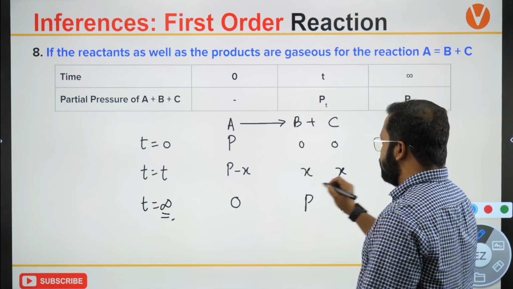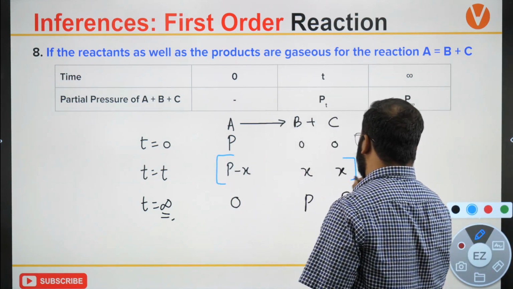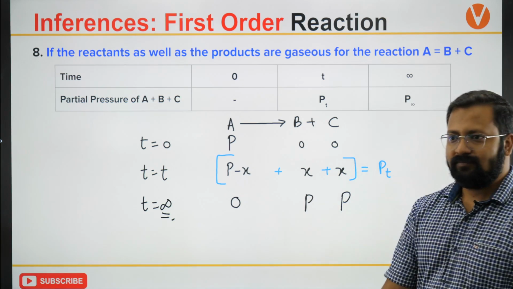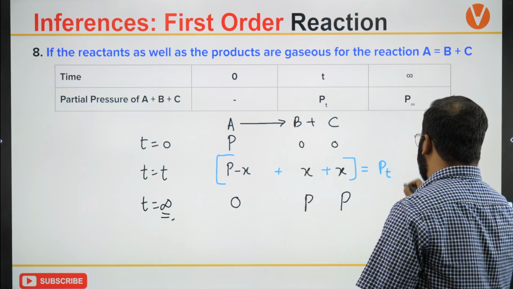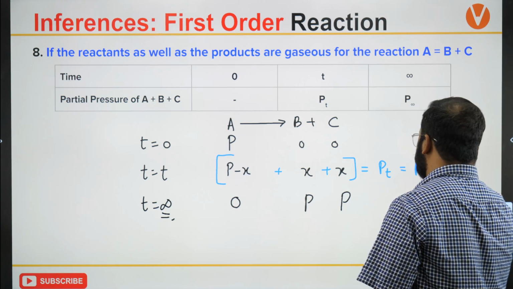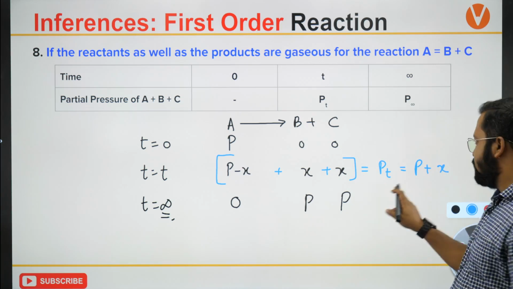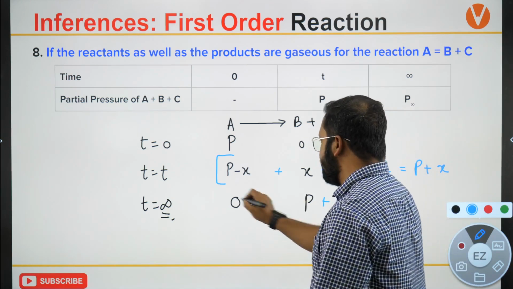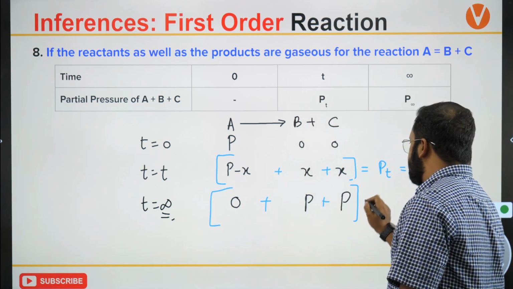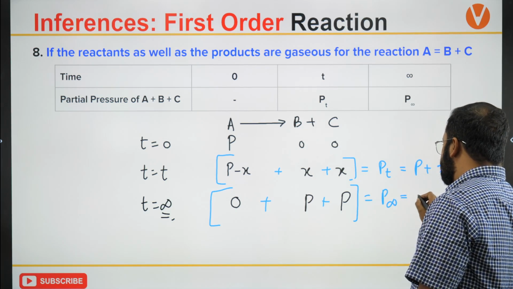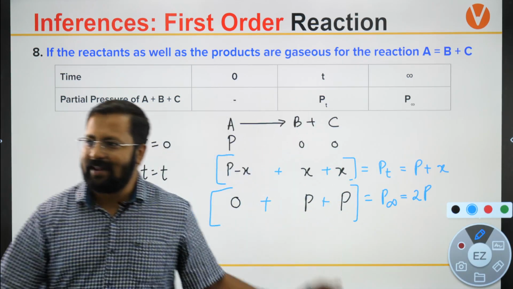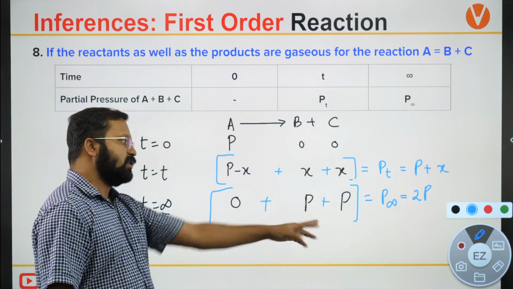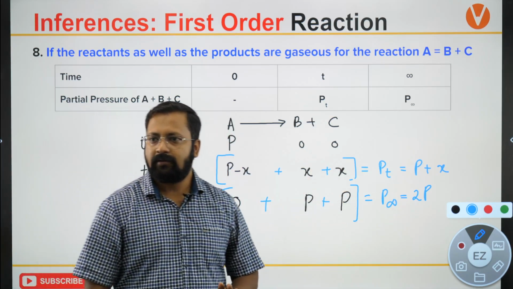Now let's use the information. What is given? That the sum of these three pressures is equal to PT, which can be written as P plus X. And the sum of these three pressures at infinite time is given as P infinity, which can be written as 2P, because this becomes 0 and this is P and this is P. Okay?